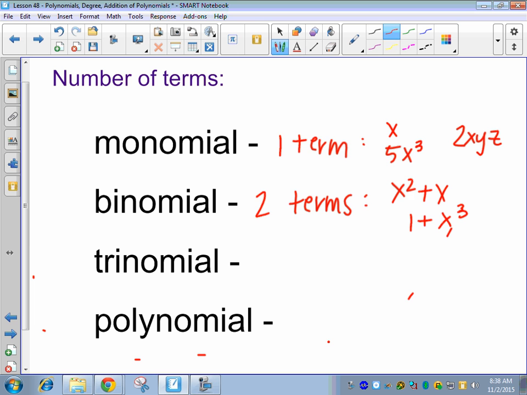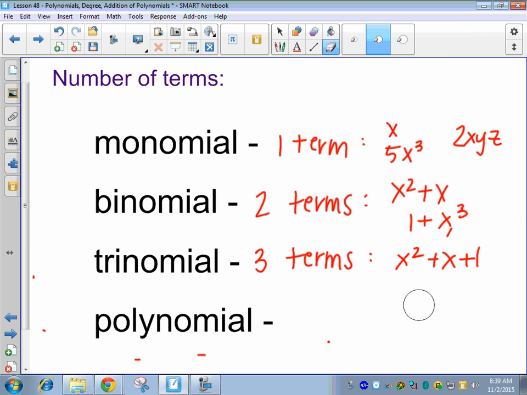All right, how about trinomial? Three terms, just goes in a row. We could have x squared plus x plus 1. Anything with three terms where each term is attached with multiplication.